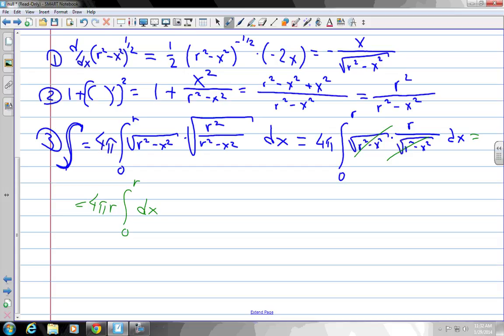Well, that integral is just x evaluated from 0 to r, which gives you that extra r. So 4 pi r times r, 4 pi r squared. Isn't that nice?